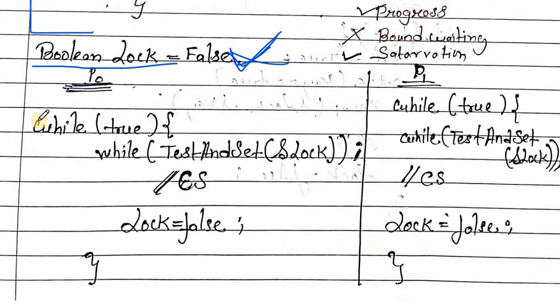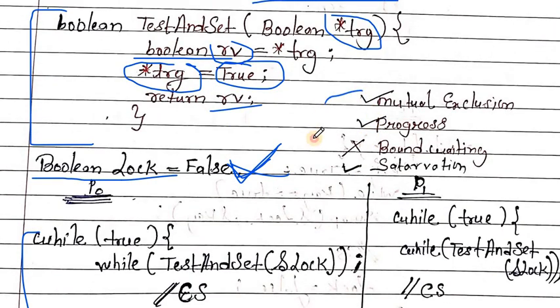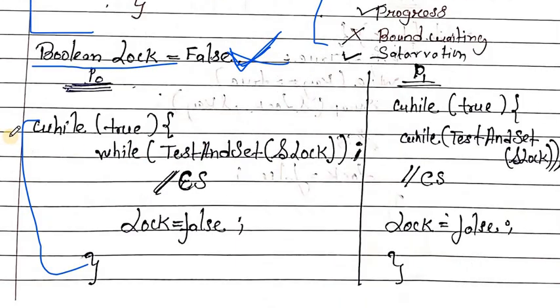Here is the code of the solution. Now check whether all three conditions are satisfied or not. Here while is true: check the condition. When P0 tries to enter the critical section, in the while loop we pass the function test and set.